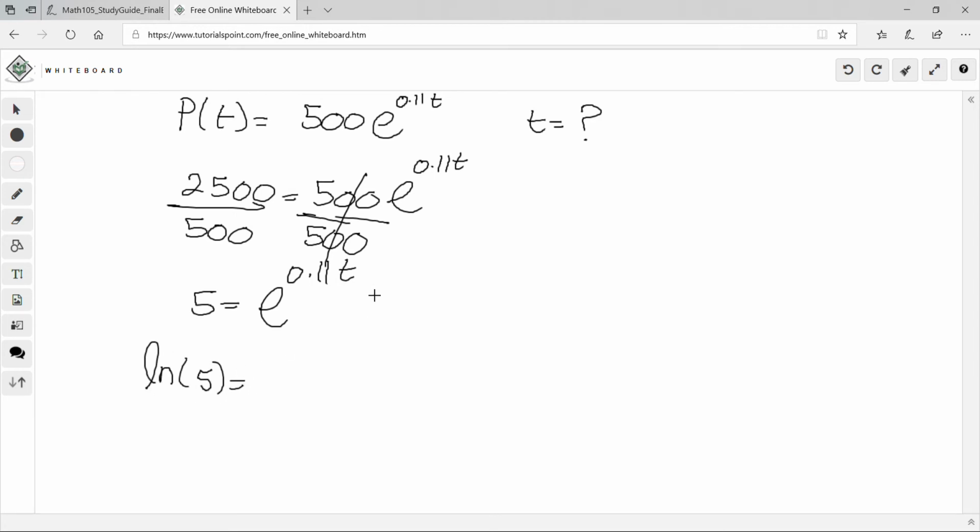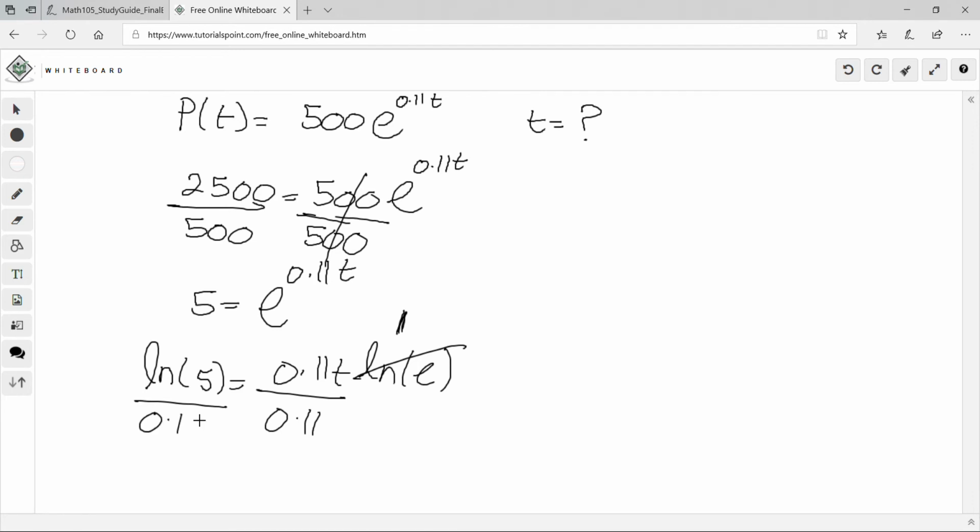And then you put the exponent in front of the natural log, so it's going to be 0.11t times the natural log of e. Since these are inverses, they cancel, or you're just left with 1. So you're left with 0.11t. And then my goal is to solve for t, so I'm going to divide everything by 0.11. So t, if you put this in a calculator, is approximately 14.63 years.